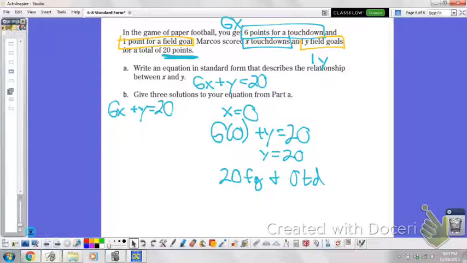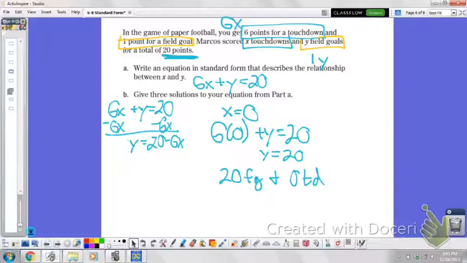So we'll have the number of touchdowns and field goals. So if I solve it for y, I'm subtracting 6x from both sides, I'll get y equals 20 minus 6x.